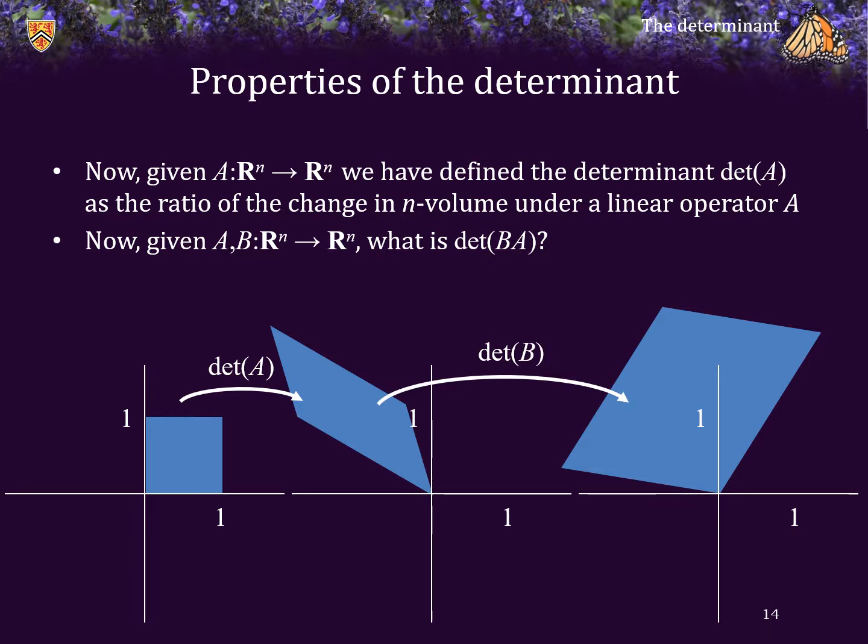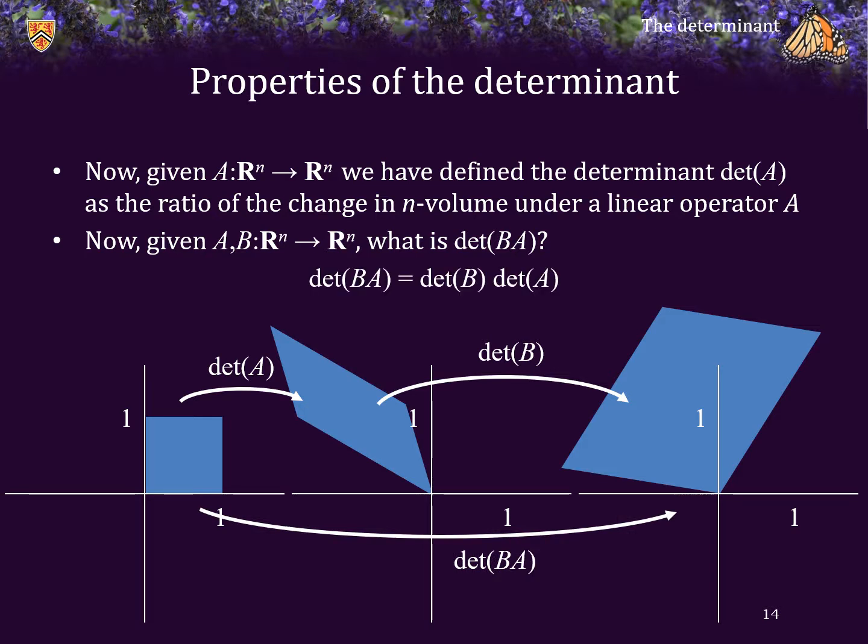So the determinant of B also appears to be approximately plus or minus 2. So what is the change in area from the first region to the last? Well, it seems that the determinant of B times A is the determinant of B times the determinant of A.